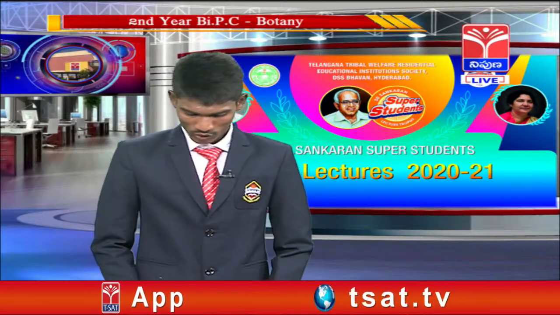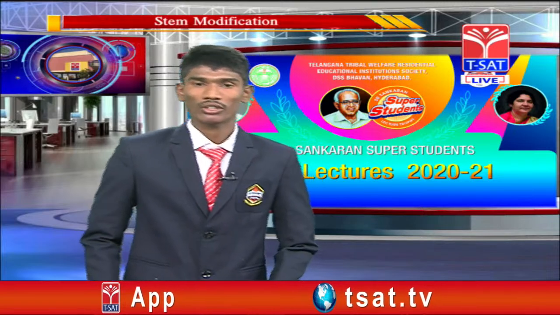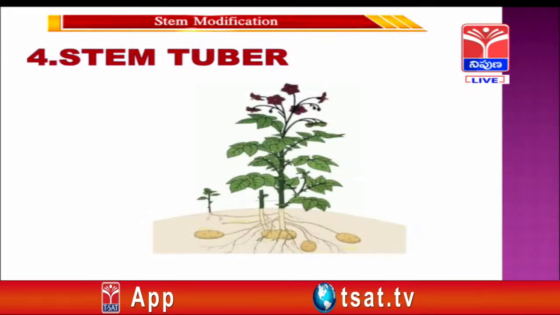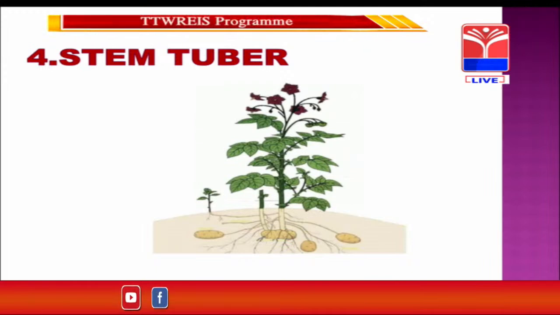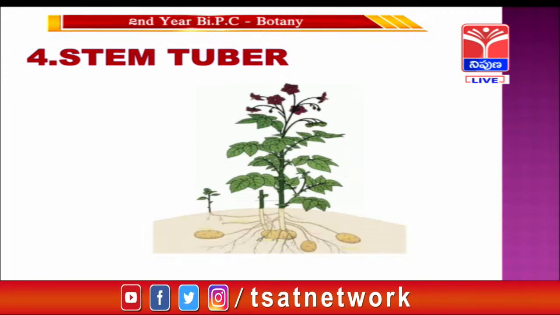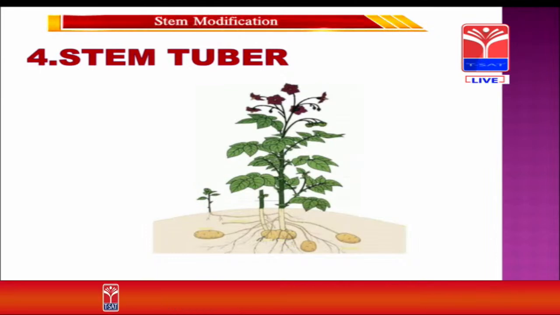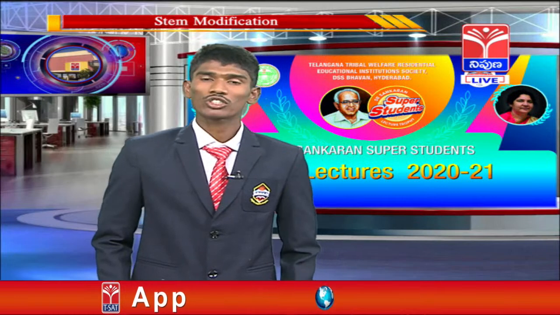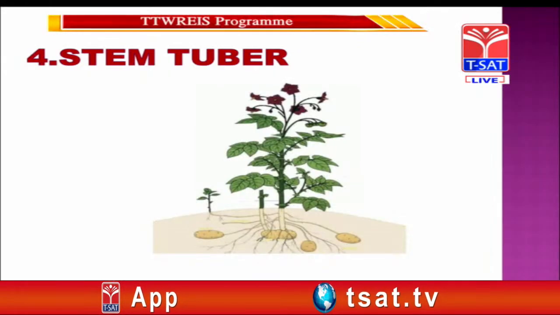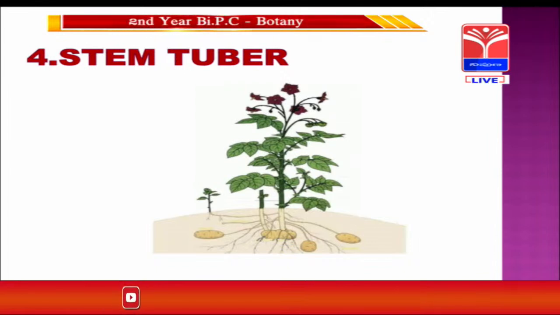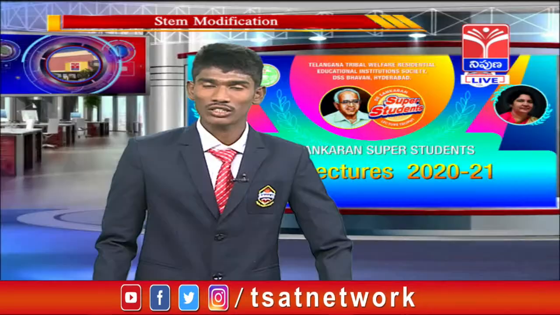And the fourth one is the stem tuber. When we hear the word tuber, we automatically think of the potato. It is a fleshy part of the plant which stores food material. The potato is the most common tuber, largely used as food, and the lower part of the potato gets covered by adventitious branches.